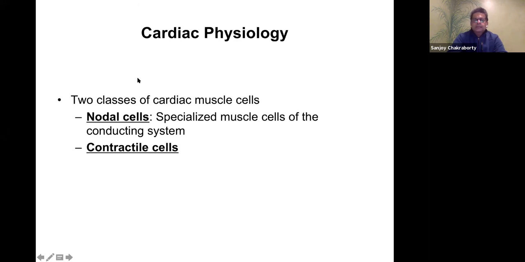Nodal cells are specialized cardiac muscle cells that can produce that signal we were just talking about. And the major group is called the contractile cells. Contractile cells contract, so they produce the mechanical force so that blood can move out.